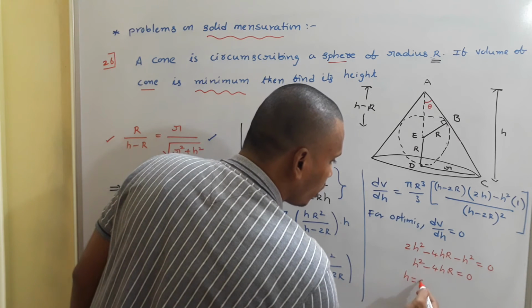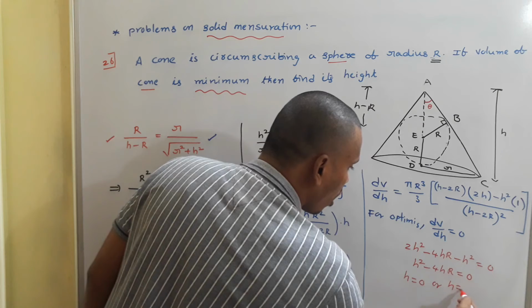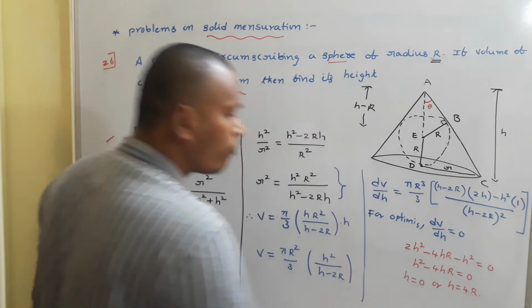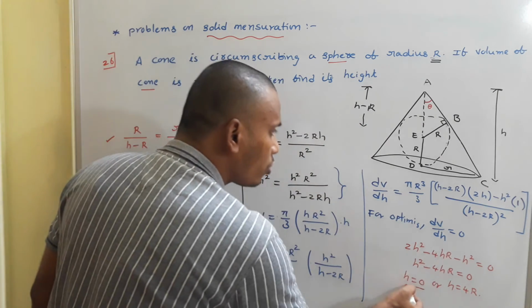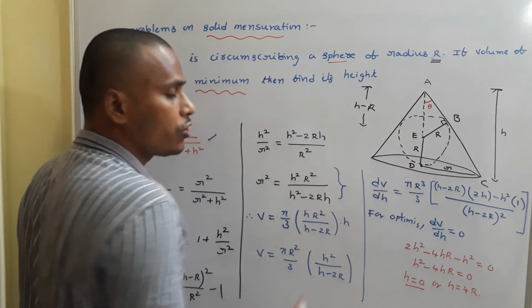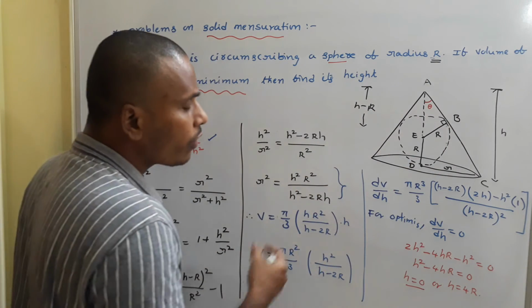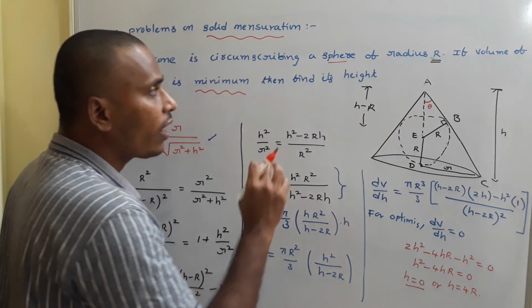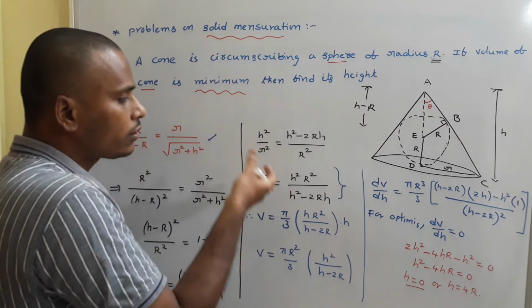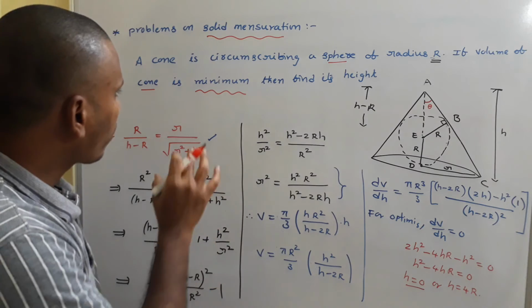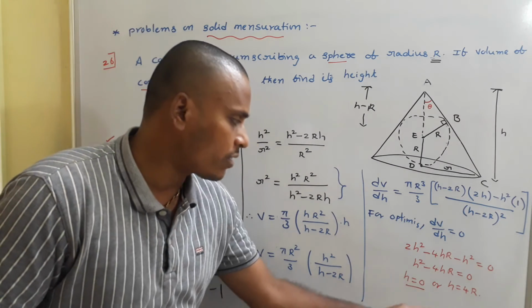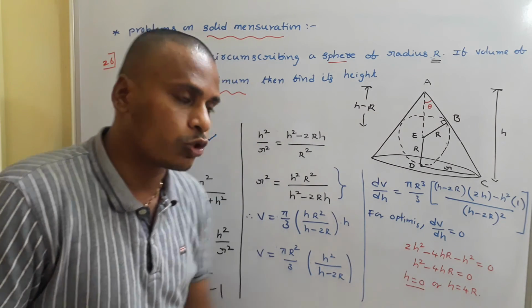We have two possibilities, h is equals to 0 or h is equals to 4r. If h is equals to 0, then height of the cone is 0, that in the sense no cone is possible. If h is equals to 4r, then in that case the volume of the cone is minimum.